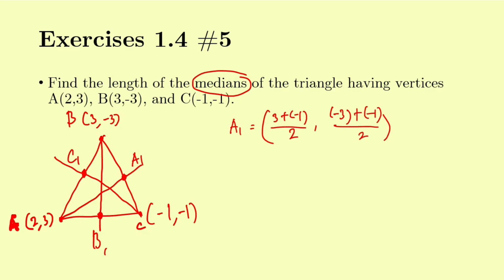This one is going to be 3 plus -1, which is 2, divided by 2, which is 1. And then this one is going to be -3 plus -1, which is -4, divided by 2, that is -2. The coordinate of A sub 1 is 1 and -2.